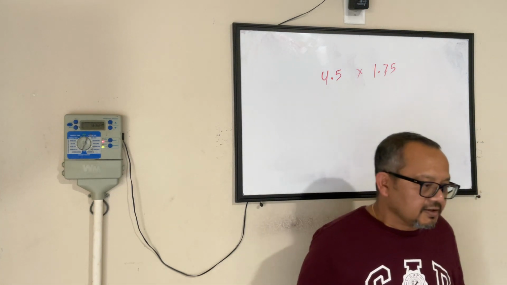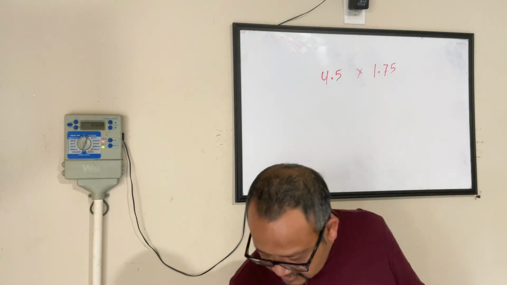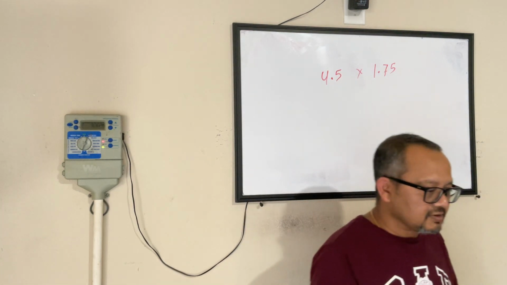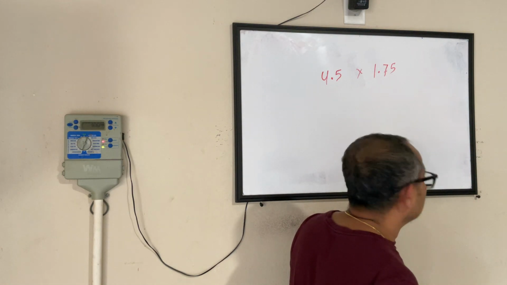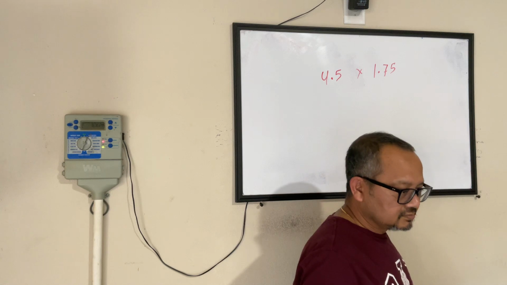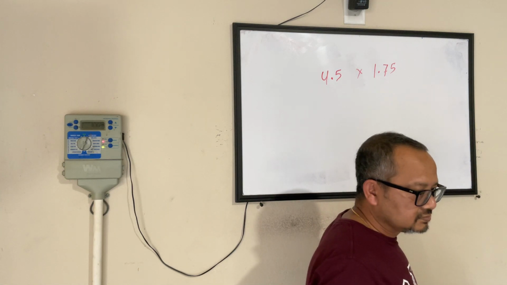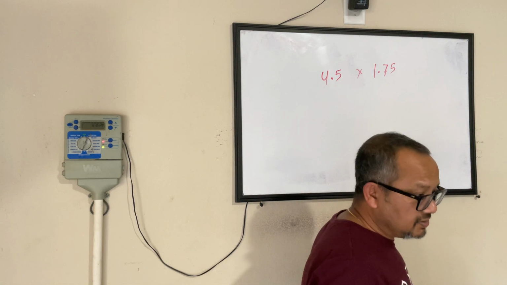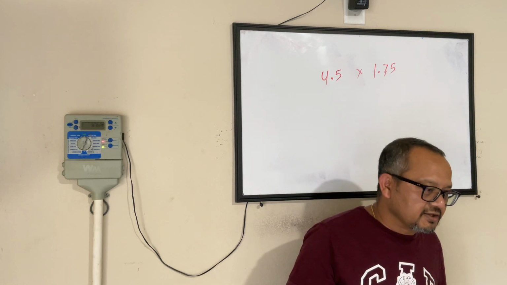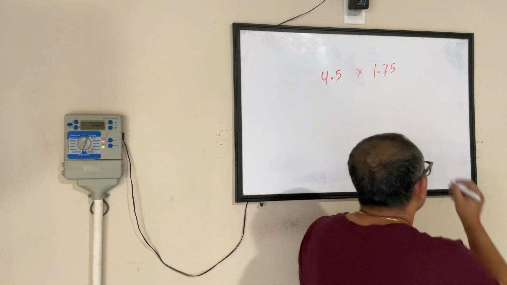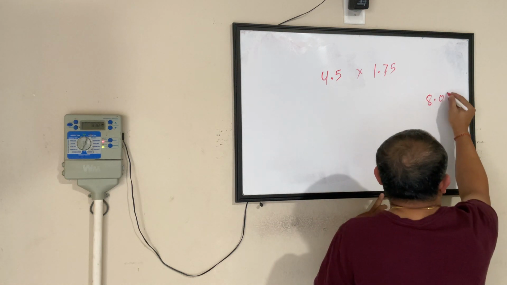Yes, Randy, what was your answer? Mine, wait, can there be 3 numbers after the decimal? Yeah, you can have hundreds of numbers if you want to. Yeah, Diti. 8.010. 010, okay.